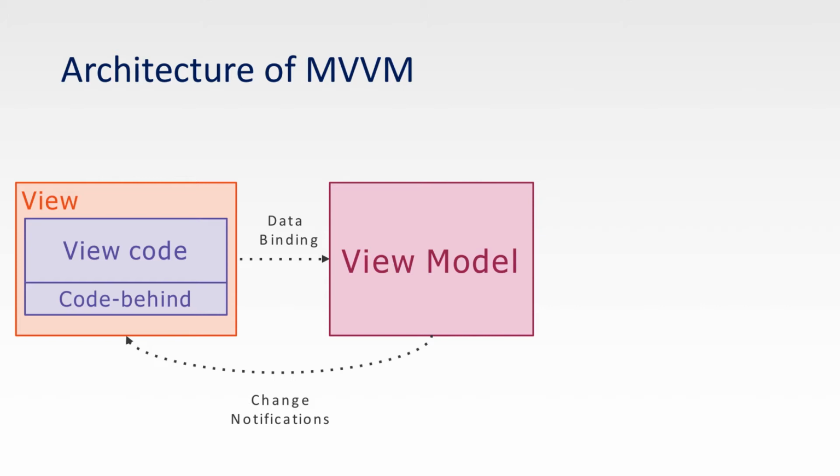So if there is a change in the first name, it will notify the view, which in return will change accordingly. It can also be a two-way binding: if the user enters a new first name for the customer, it is also going to be reflected in the ViewModel.